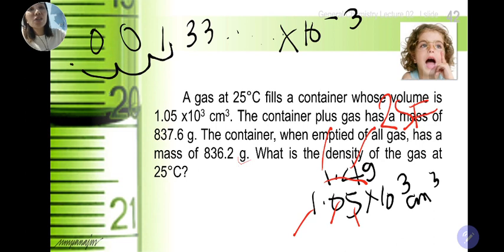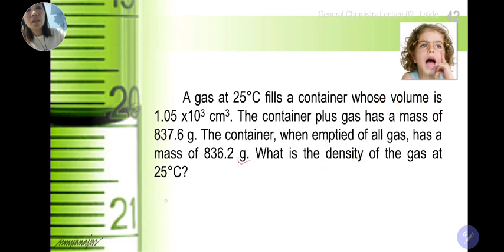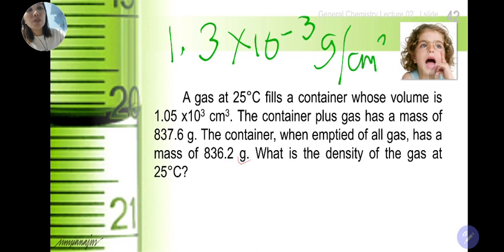So, kung ang answer ko kanina sa calculator ko is 1.33 times 10 to the negative 3 gram per centimeter cube, it should only have 2 significant figures. So, i-cancel out na natin itong isa. What will remain would be 1.3 times 10 to the negative 3 gram per cm cube.